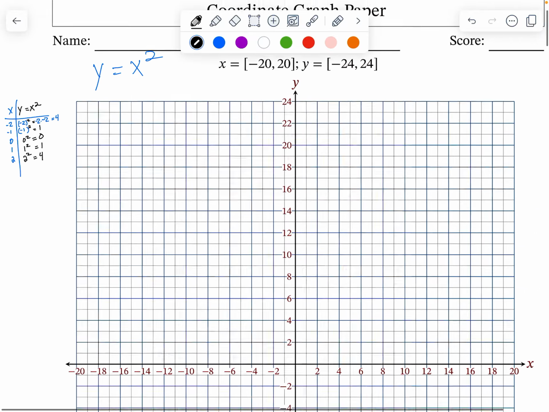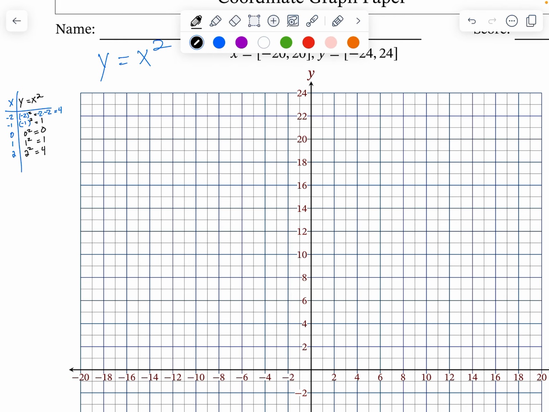Okay. And you should have seen this in the video. I'm going to do this in red so it's easy to see. We're going to start at 0, 0. There's my vertex.